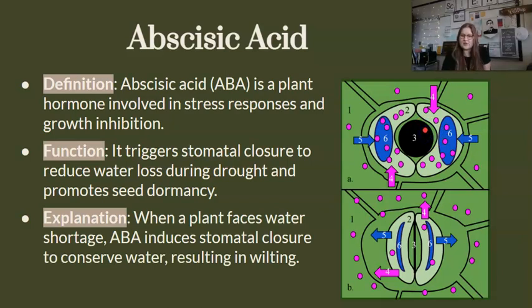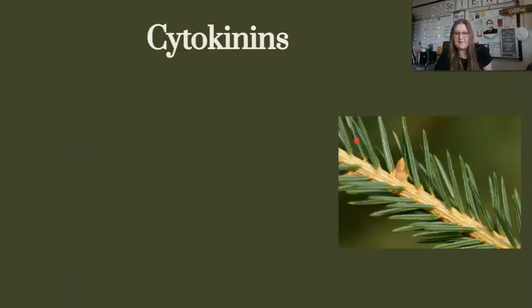So when a plant faces water shortage, ABA induces stomatal closure to conserve water, which results in wilting. It helps protect the plant, but hopefully once it gets the water that it needs, those stomatal openings will open again, so that gas exchange can continue to happen.